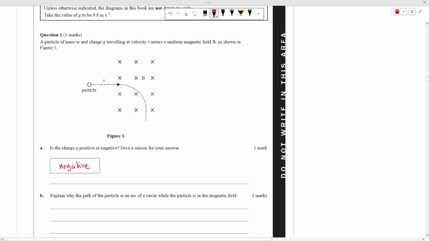So we'll say negative. And you could just say, I don't even know how you'd phrase this in one line. Just say, according to right hand slap rule, a positive charge would curve up. There you go.